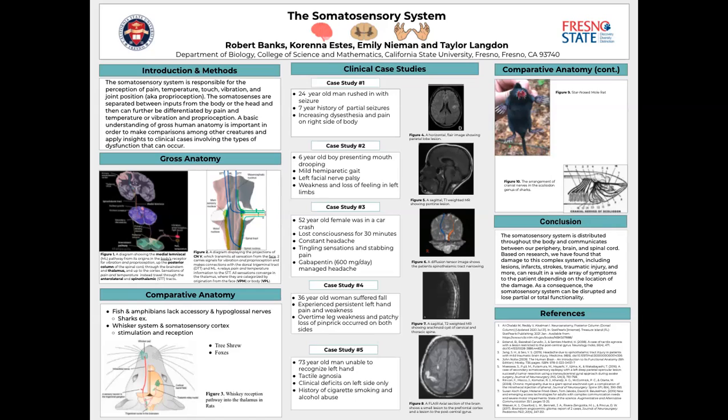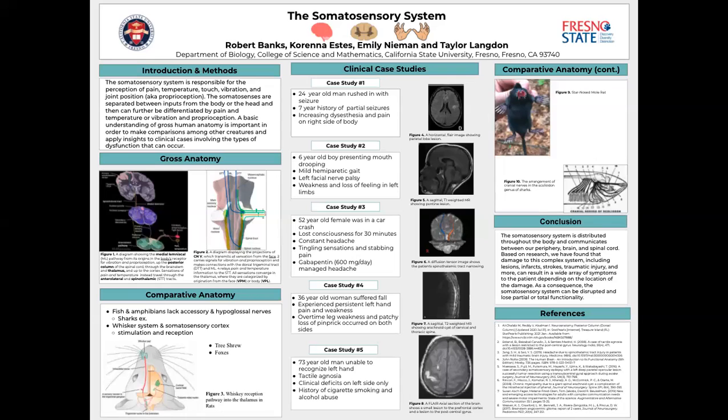So what we can conclude from our research is the somatosensory system is responsible for perception of pain, temperature, touch, vibration, and joint position. It is also important in animals such as the star-nosed mole. And basically from our research, we have found that different damage to this complex system can be very different, as we've seen in our case studies.